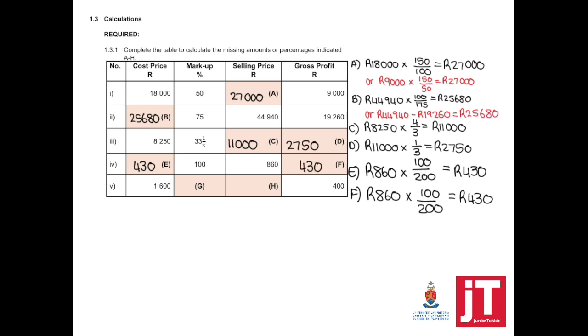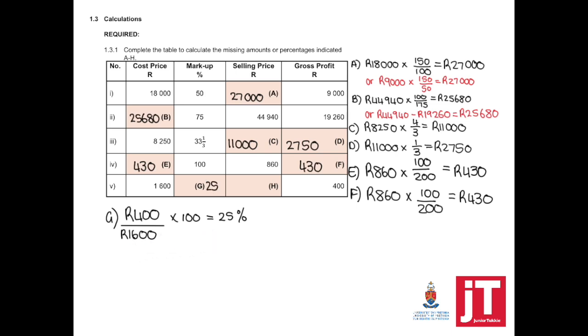For number 5, number G, to calculate the markup percentage, take your selling price minus cost divided by the cost. So what did I say earlier to you? Your selling price minus cost equals the gross profit. So take the gross profit divided by cost times 100.